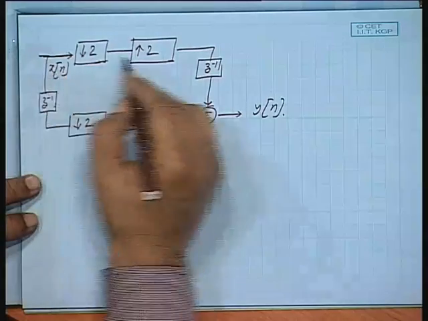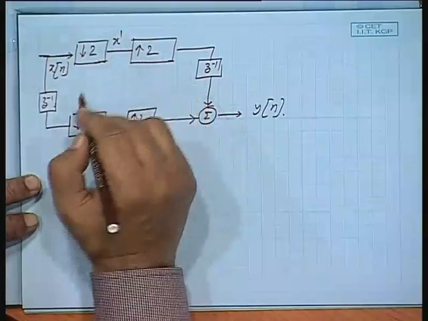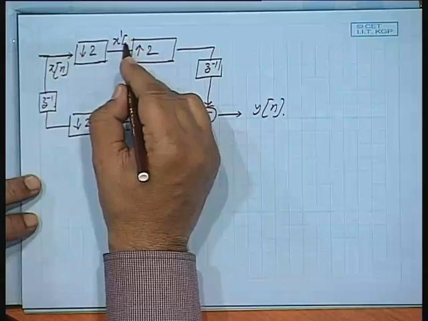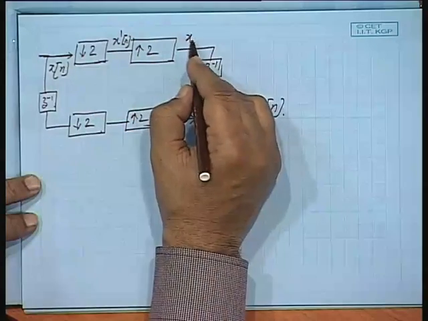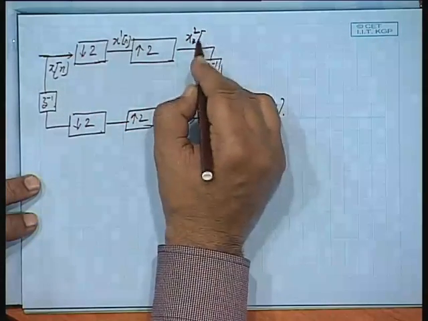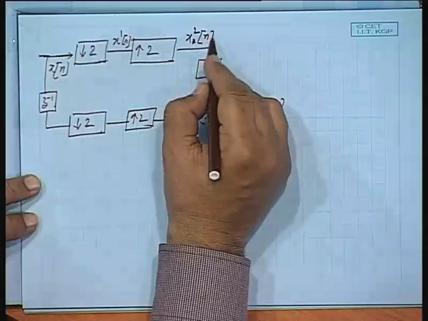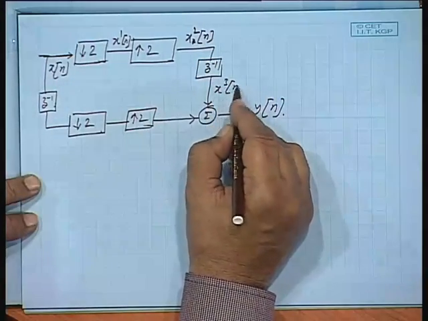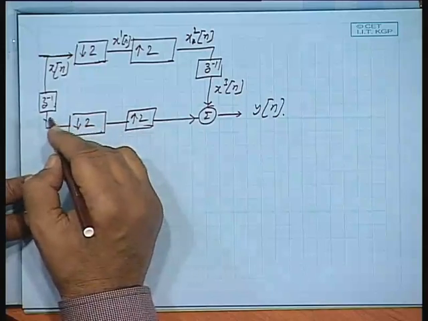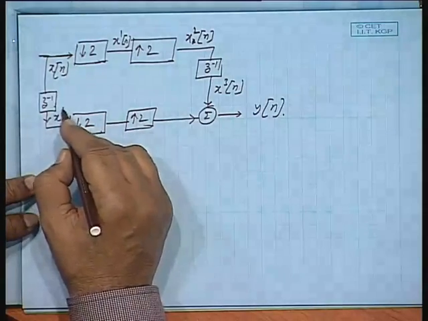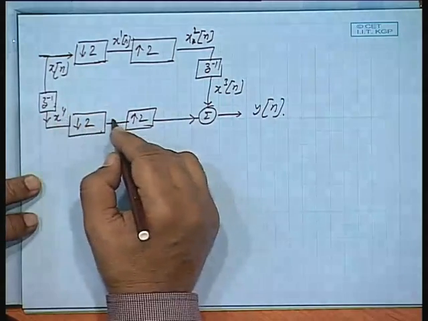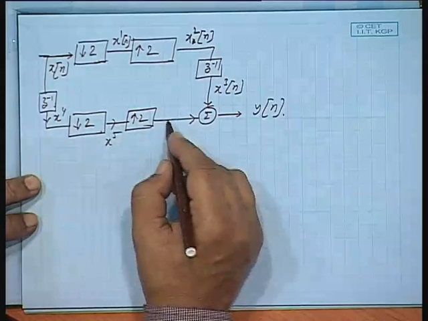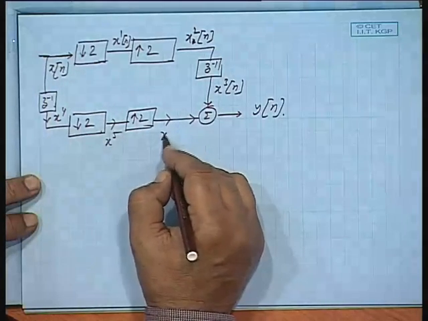Okay, let us take this as some x1 sequence, x2, I am writing superscripts, then x3, similarly x4, x5 and x6.